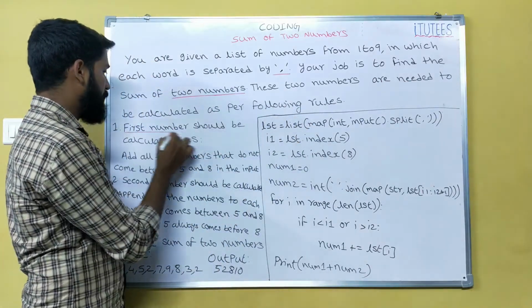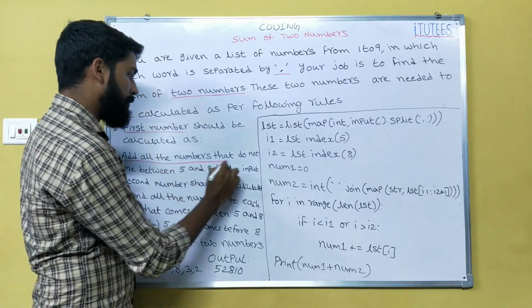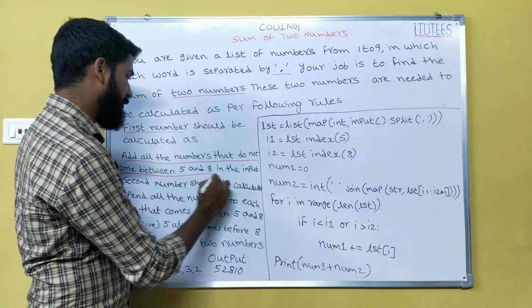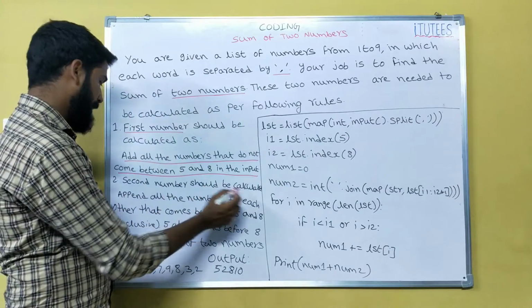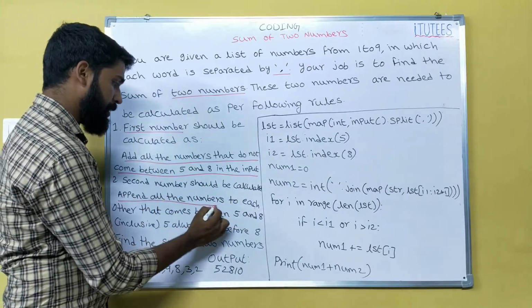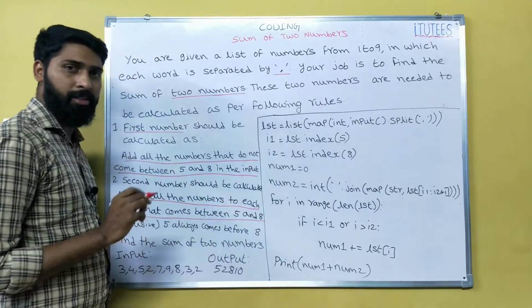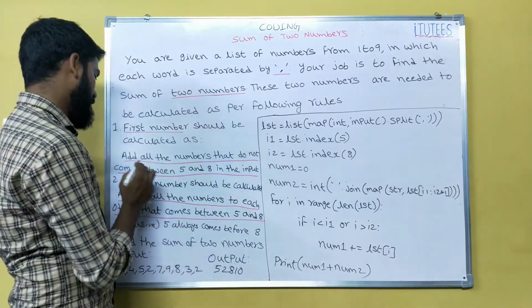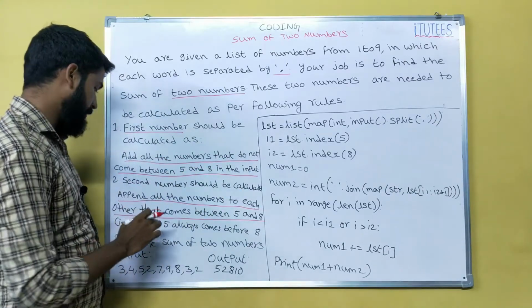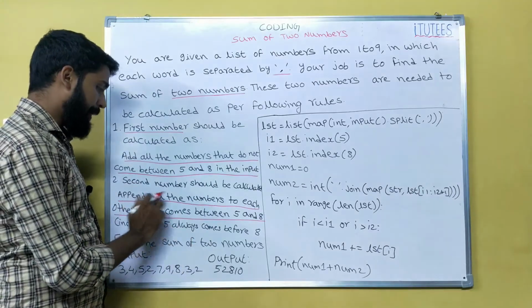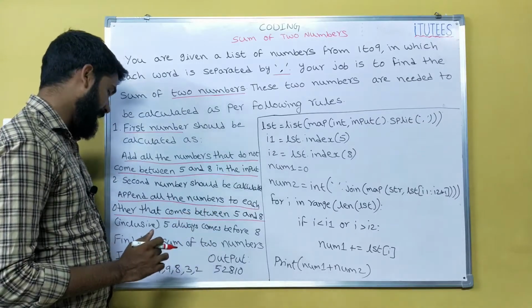Rule 1. The first number should be calculated by adding all the numbers that don't come between 5 and 8. The second number should be calculated by appending all the numbers to each other that come between 5 and 8, inclusive.